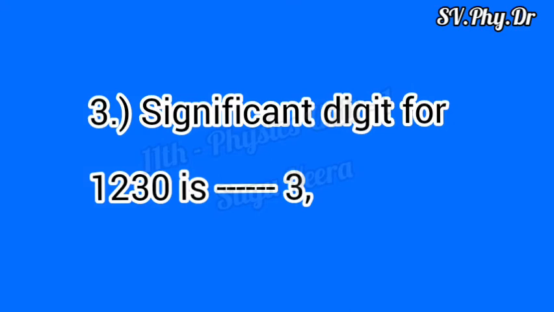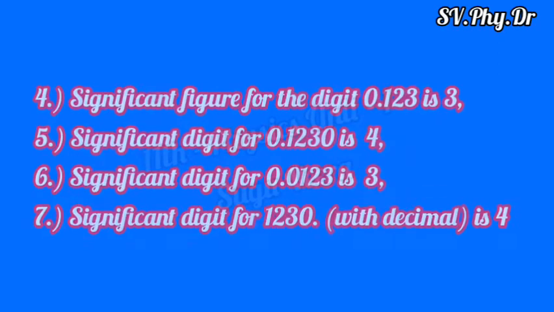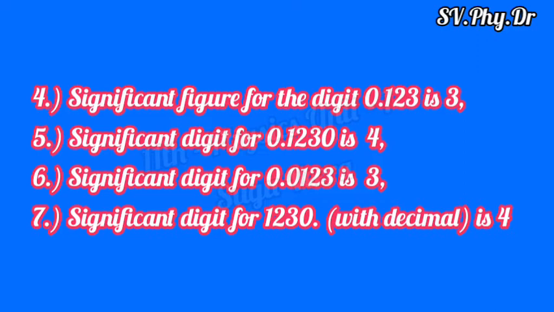Third example, significant digits for 1230 is 3. Fourth example, significant figures for 0.123 is 3. And fifth one, significant digits for 0.1230 is 4. And sixth one, significant digits for 0.0123 is 3. And seventh one, significant digits for 1230 with a decimal point is 4.